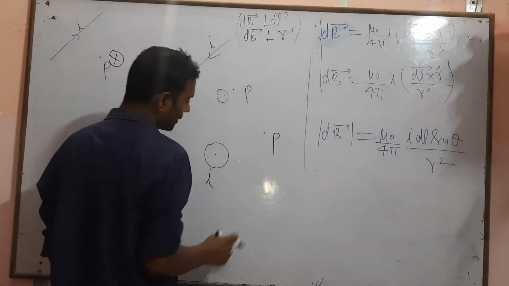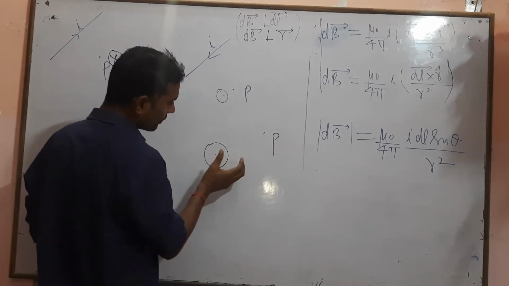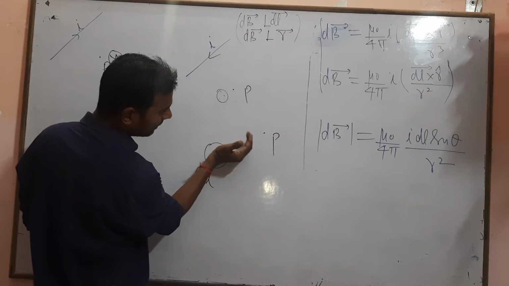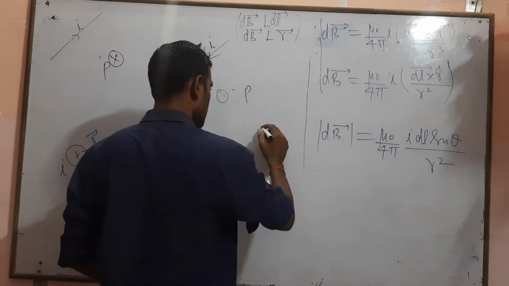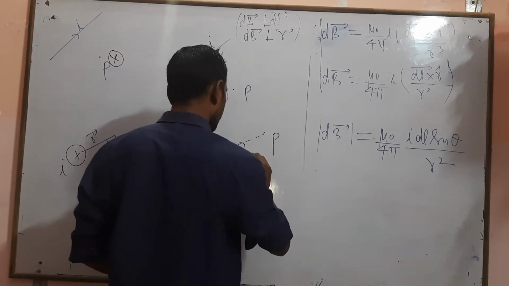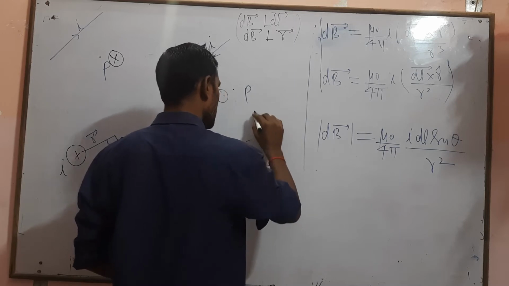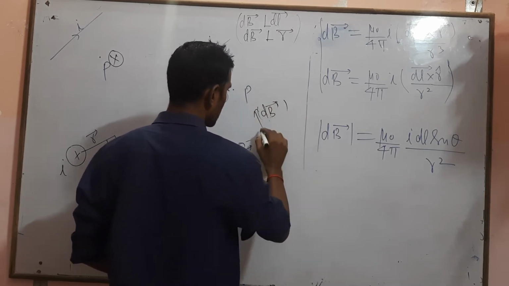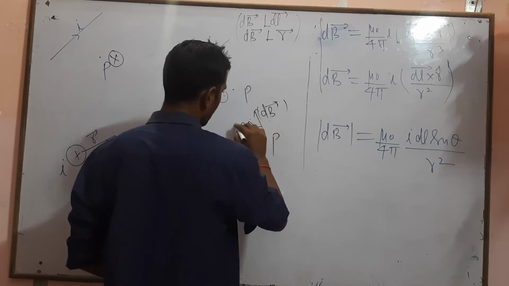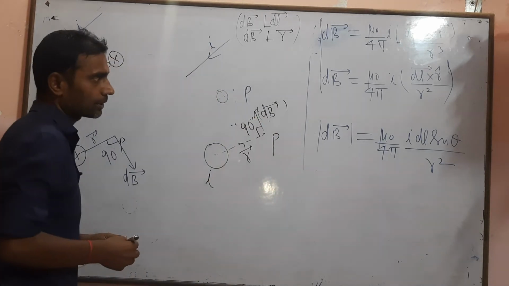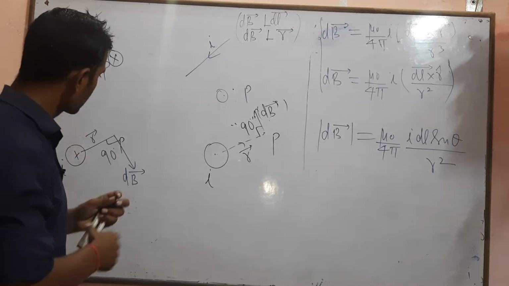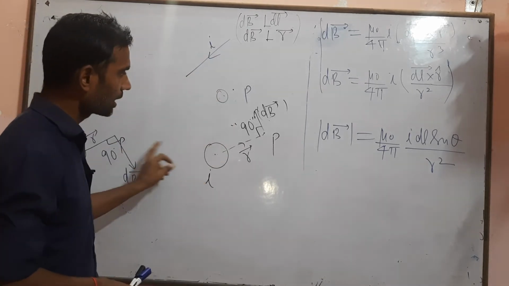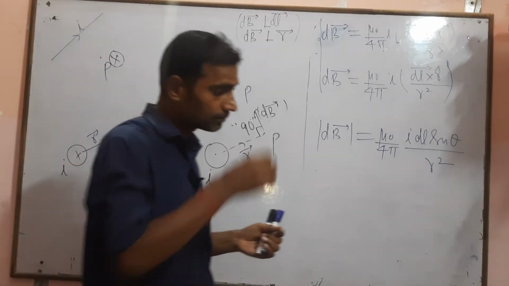At point P, when the current is outside, the direction of magnetic field will be like this. This is the r vector and this is dB, and the angle between them is 90 degrees. So this is the direction of magnetic field in four situations: first, second, third and fourth. Note down.